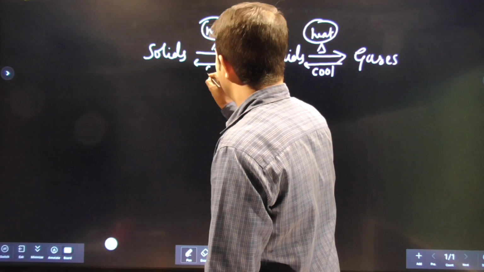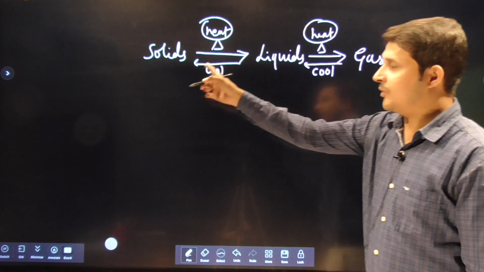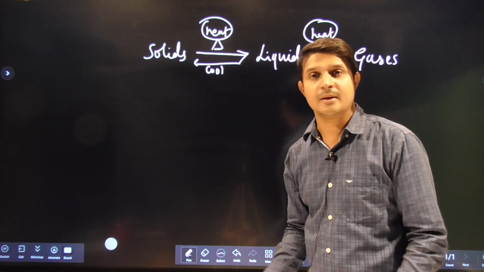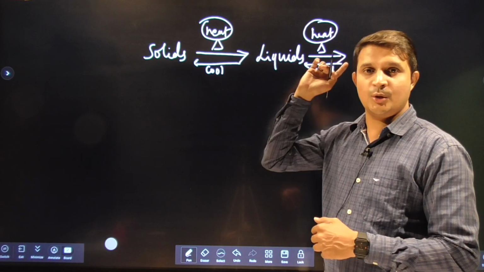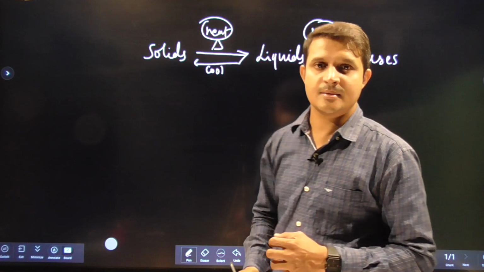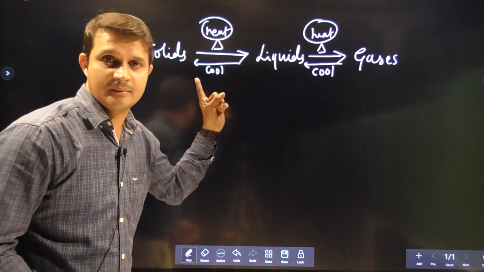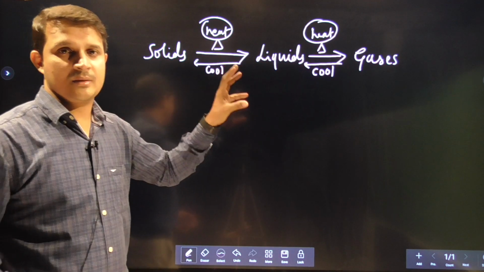Similarly, if we cool gases they convert into liquids, and if we cool liquids they convert into solids. Therefore solids, liquids and gases, the states of matter, can be interconverted from one state to another. That is one of the important phases in matter.